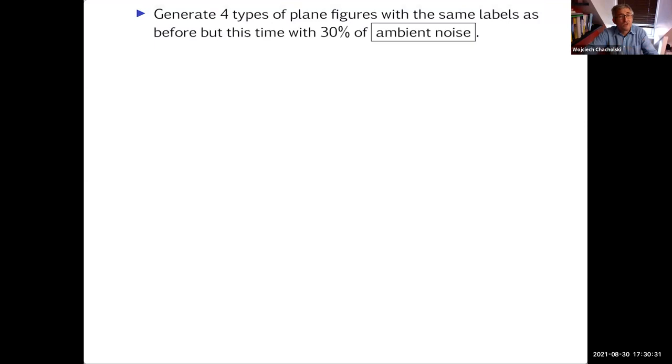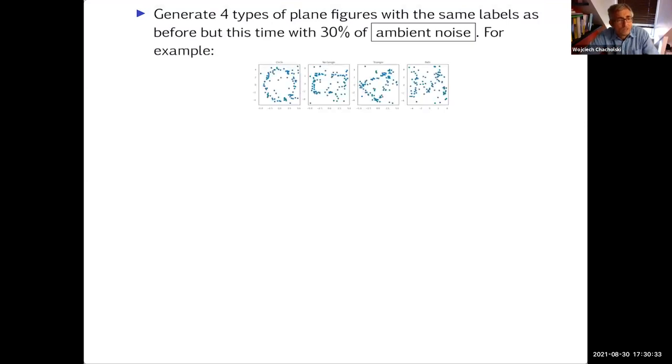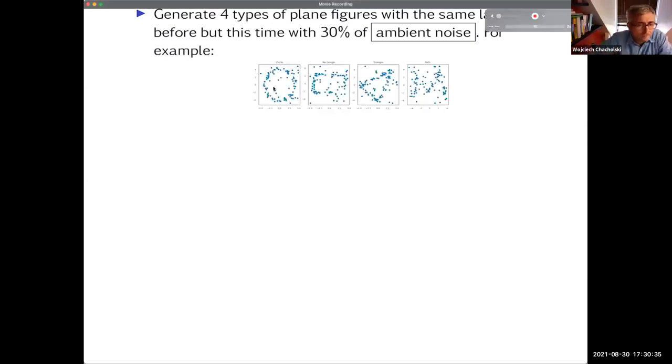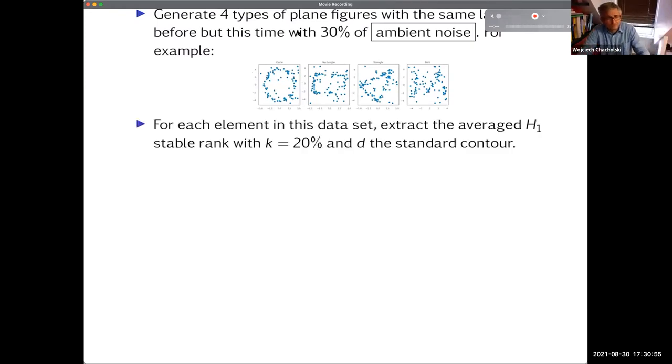I think each of these pictures has 200 points. The 30% is randomly, uniformly distributed, and the rest is taken with a little bit of normal noise from the figures.